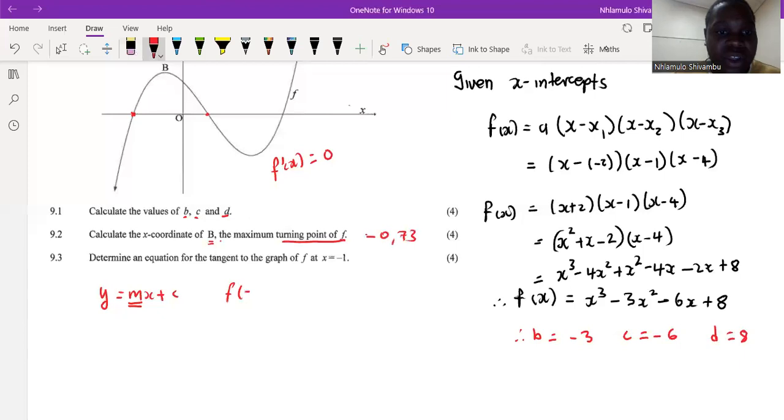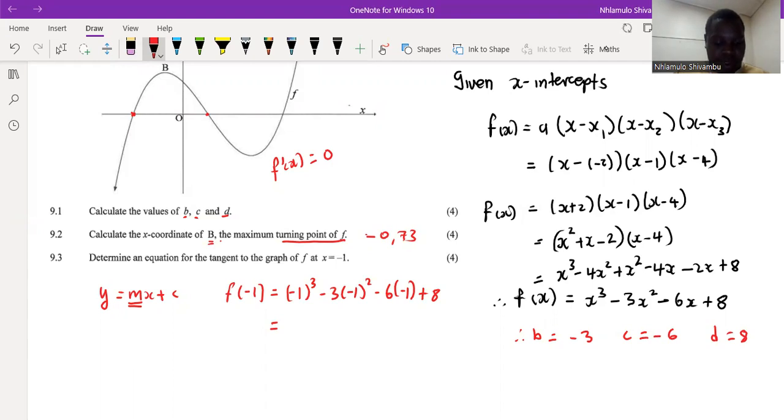This is going to be f of negative 1 equals minus 1 cubed minus 3 times minus 1 squared minus 6 times minus 1 plus 8. And this is going to give us the y value for the point of contact.